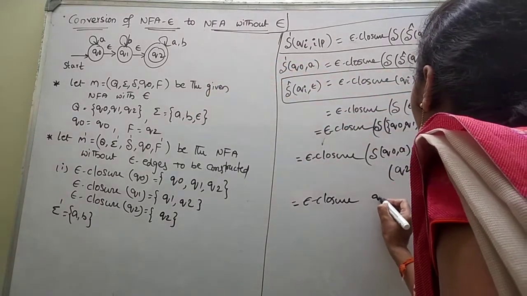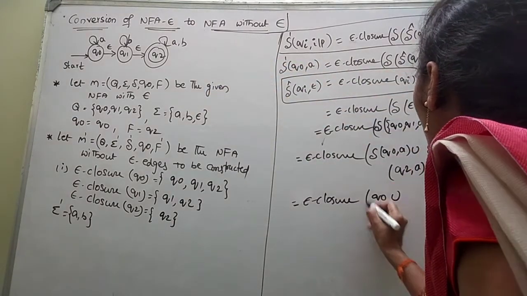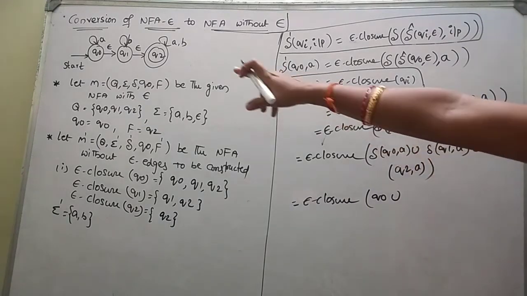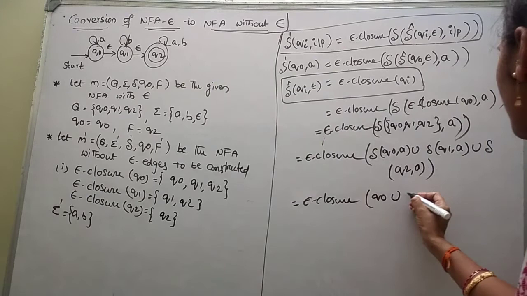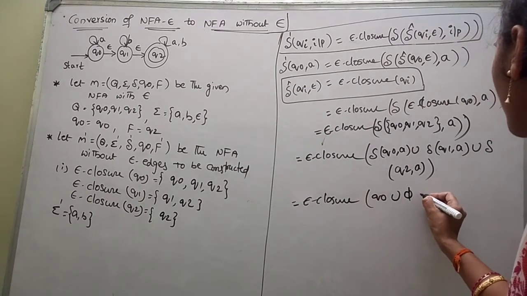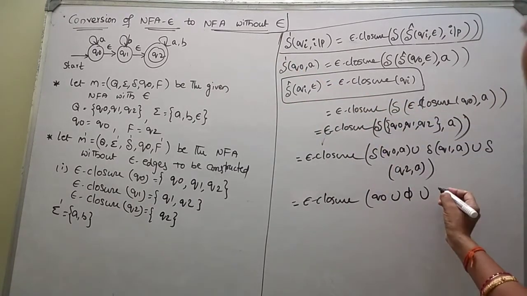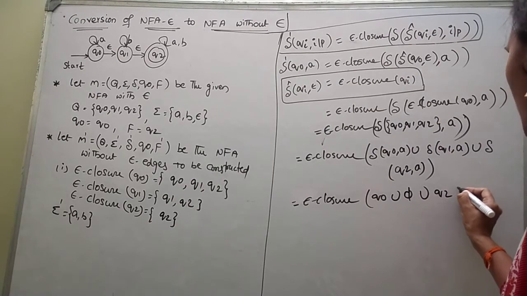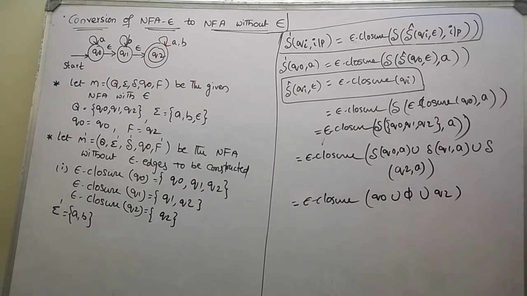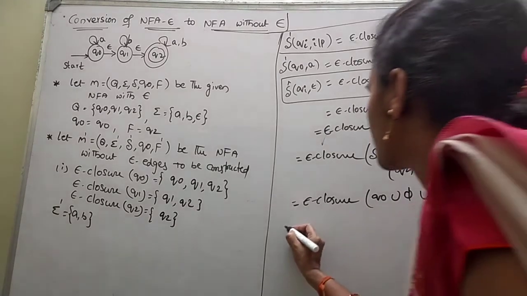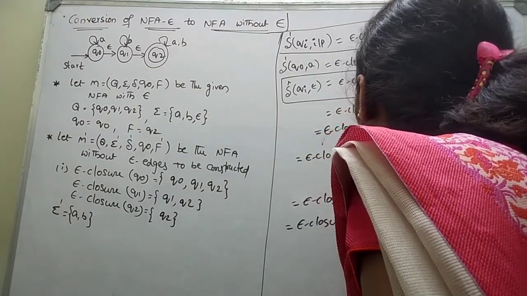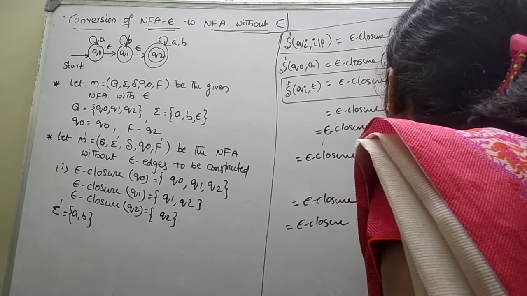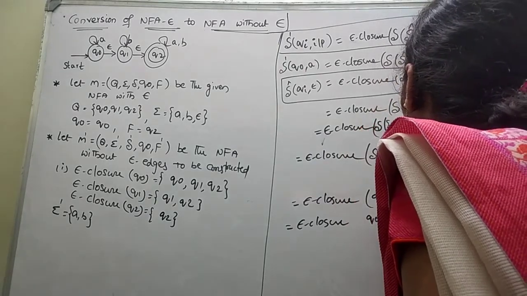Q naught of A is Q naught, union Q1 of A, we don't have any transition in the given finite automata, so that is phi, union Q2 of A, which is Q2 only. So this can be written as epsilon closure of Q naught comma Q2.